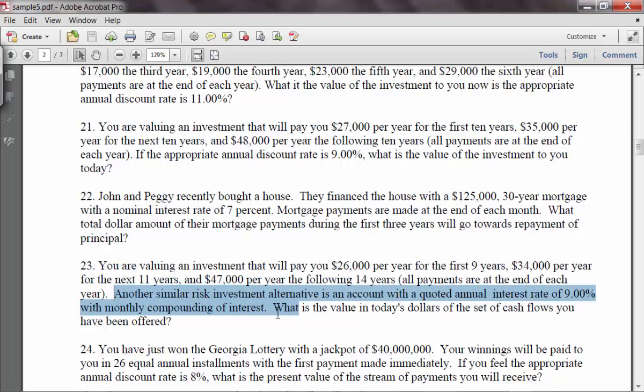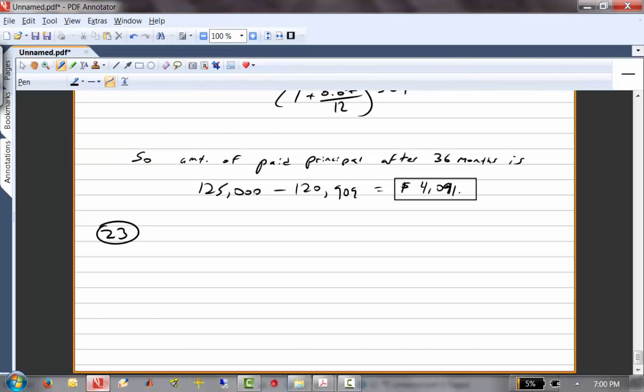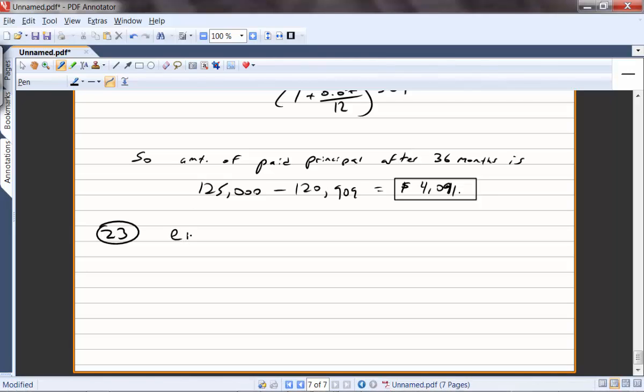So what's the effective annual rate of interest in this case? Let's figure that out. We take 1 plus the quoted annual rate divided by the number of compounding periods in a year, which is 12 if it's monthly, raised to that number, then subtract 1.